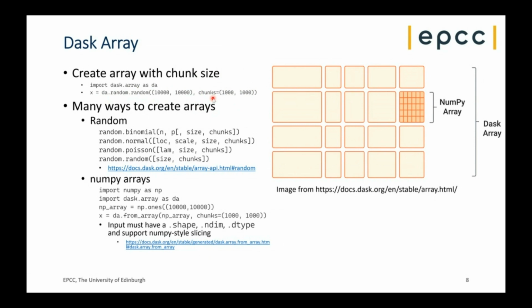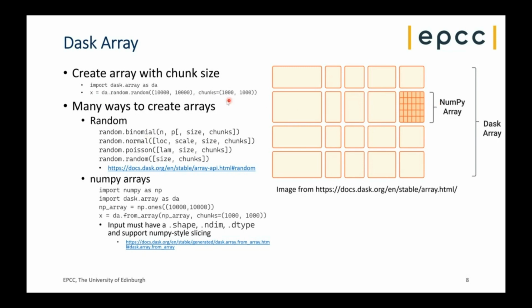Now, it's possible also to split things up in certain scenarios without specifying the chunking. You can get Dask to do the chunking automatically for you, but particularly for this Dask array, it's your responsibility to say, please split this up across a certain chunk size.